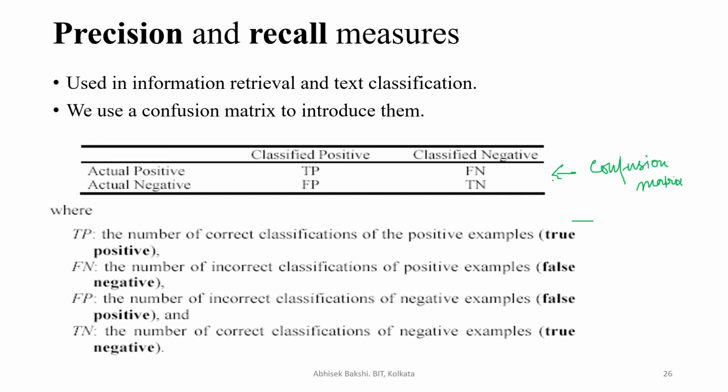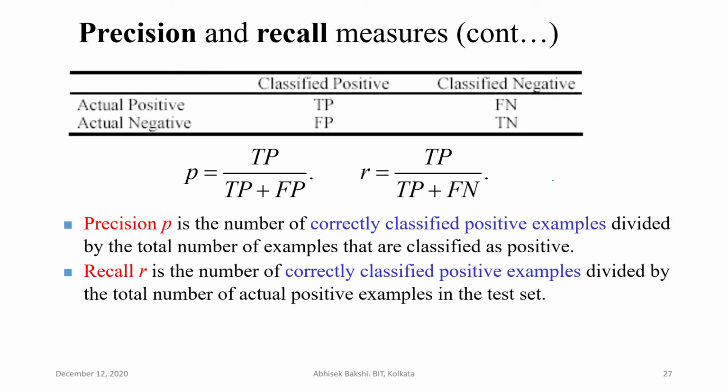Depending on how correctly the positive or negative class is classified, and how incorrectly the other class is classified, we create this confusion matrix.